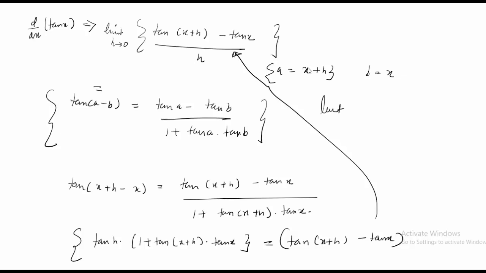This gives the limit as h tends to 0 of tan h divided by h, into 1 plus tan of x plus h into tan x.